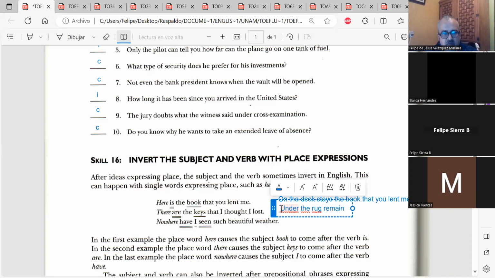Yes, remain: the keys that I thought were lost.